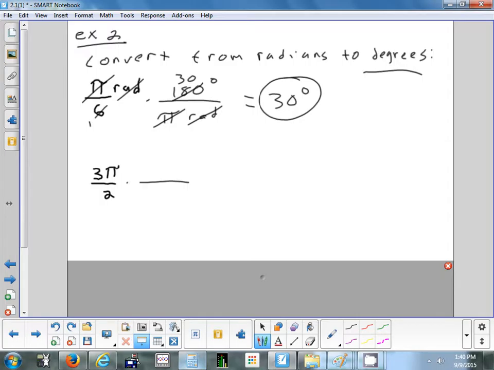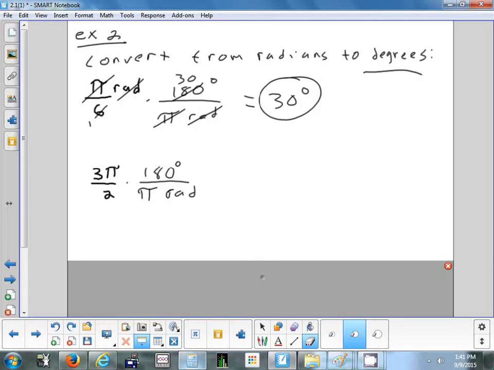How do I know? There's no label. Where do we put radians to cancel out? Top or bottom? Bottom. Kobe, what number do we always think of with radians? Pi. You got pi, right? 180, that's with degrees.